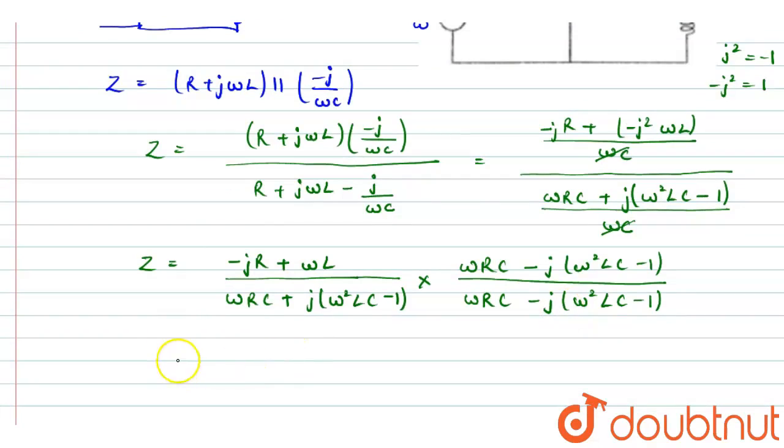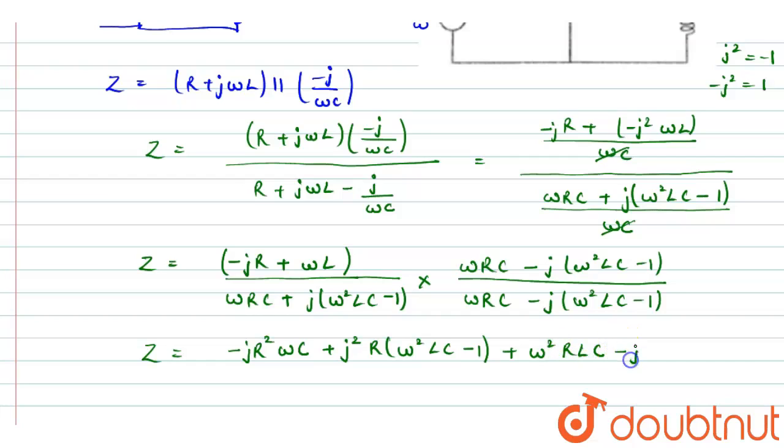Okay, so on solving this, multiplying in the numerator part, this will be minus jR, this will become R square into omega C. Further we have minus j and minus j, that would become plus j square into R times omega square LC minus 1, plus we have omega L into omega RC, which would be omega square RLC.